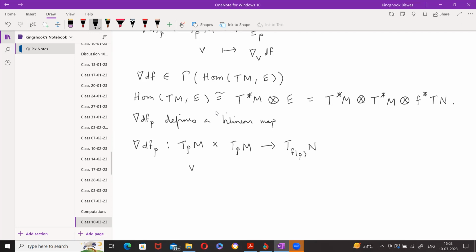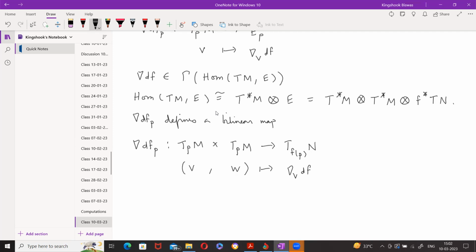What is this? So this is V comma W goes to, so first of all, I can let V act on df, right? So notice df is a linear map from T_P M to T_{F(P)} N. It's a section of the bundle Hom(TM, F star TN).